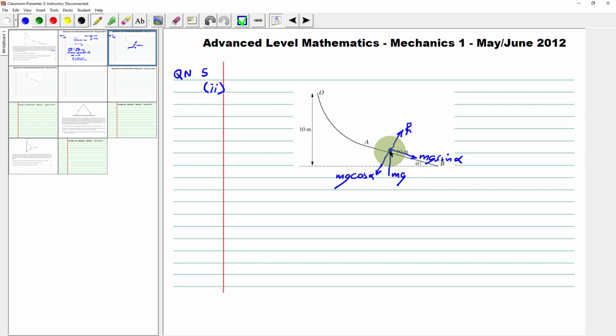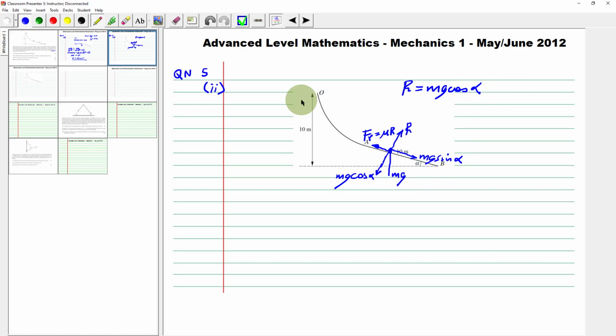The other force acting on the particle is a frictional force acting in this direction, which equals mu R. So the first expression is that R, the normal reaction, equals mg cos alpha.